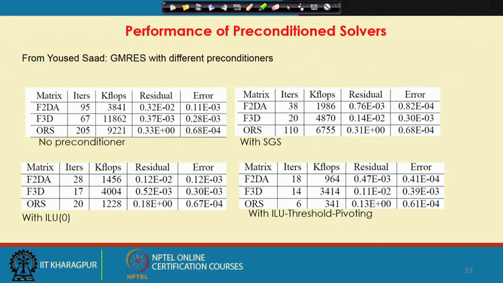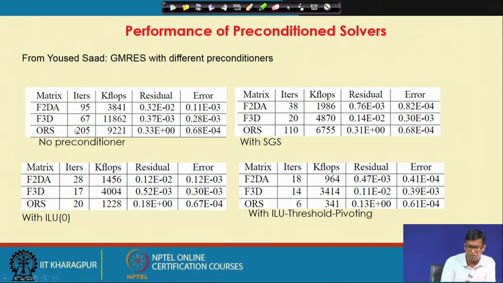But the evaluation of preconditioners, especially recently developed ones like ILUTP, needs more involved mathematics and some graph partitioning type of approach, how you will keep the properties of LU at a certain level, how you will minimize the residual, etc., which we have not discussed. But we tried to demonstrate that applying preconditioners can heavily improve the performance of Krylov space solvers. You can see that what was taking 95 iterations takes 18 iterations, and what was taking 205 iterations for a much sparser matrix takes only 6 iterations to solve.